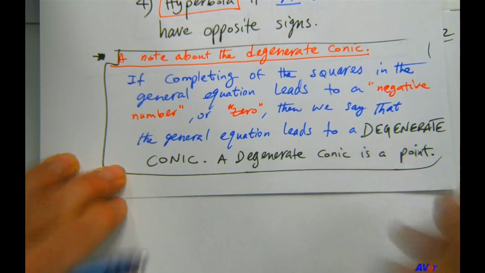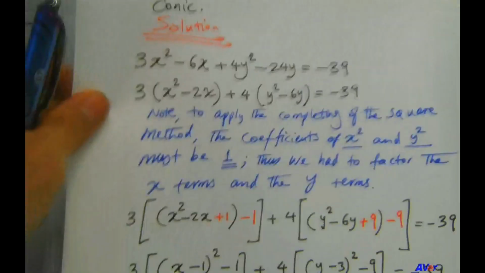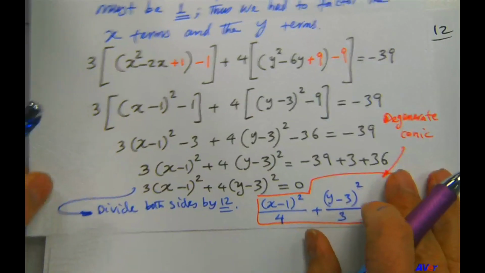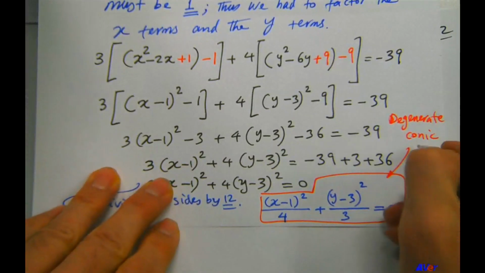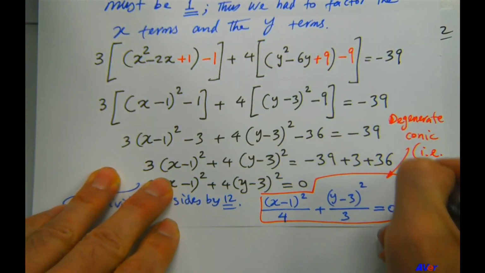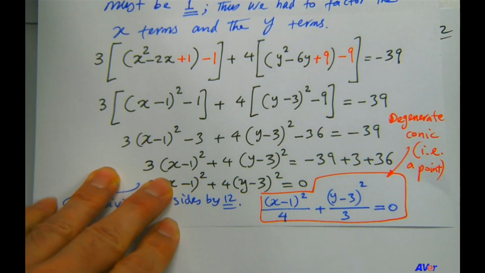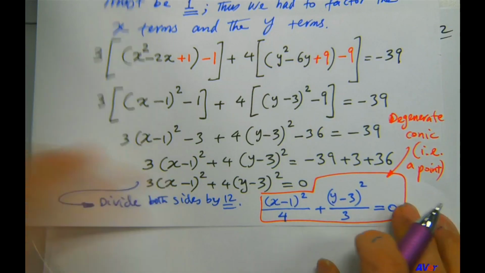It's just a point. So we can add that to this statement here. So we have a degenerate conic here, i.e. a point.